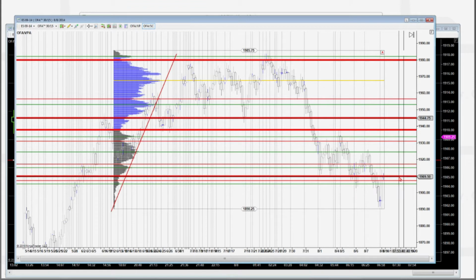So what I'm looking for this morning is, after the open, where does the market start gaining acceptance? Is it above 1907, 1906.75?